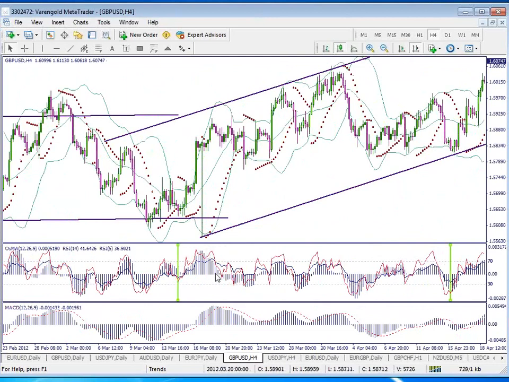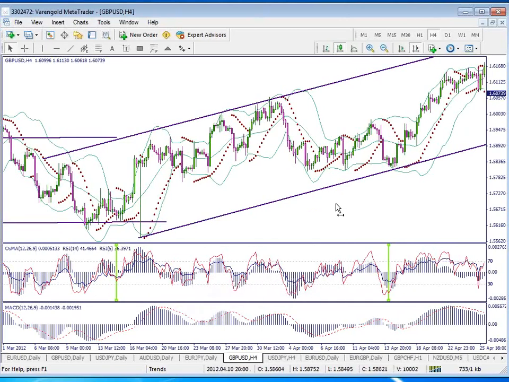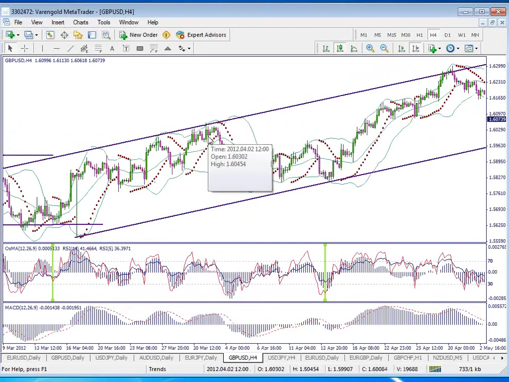In this period of time, when I have signals on daily for buy, for different long trades, I have several signals on 4 hours. So all of those signals will be interesting for me to go into one trade.